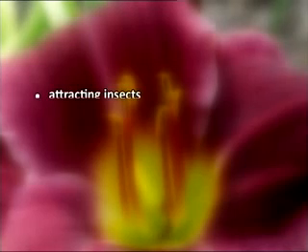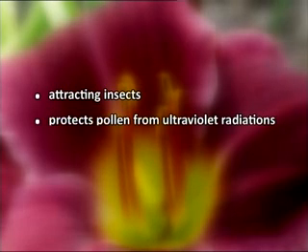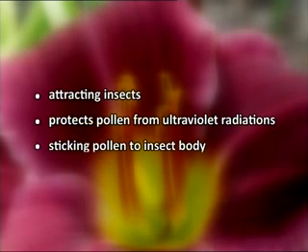The substances necessary for the synthesis of pollen kit are secreted by the tapetal cells. Although the definite function of pollen kit is not known, it is believed that it helps in attracting insects, protects pollen from ultraviolet radiations, and its sticky nature helps in sticking pollen to insect body.